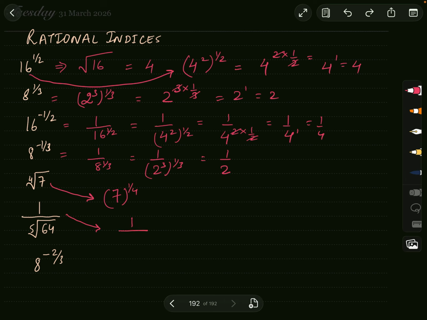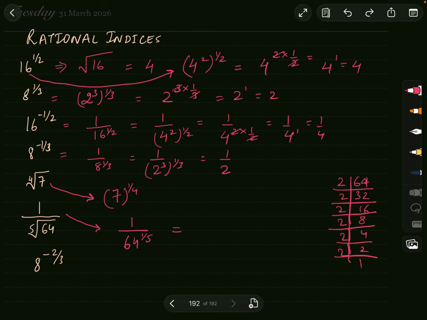Let's write this 64 to the power of 1/5. So 1 upon 64 to the power of 1/5. This can be solved further, because if you split 64 into its constituent factors, let me do it for you. 2 times 32 is 64, 2 times 16 is 32, 2 times 8 is 16, 2 times 4, then 2 times 2, 2 times 1.